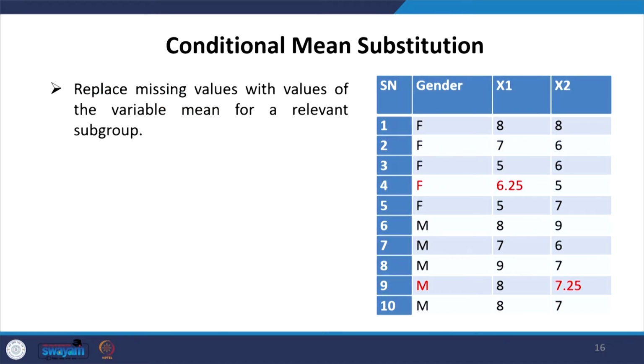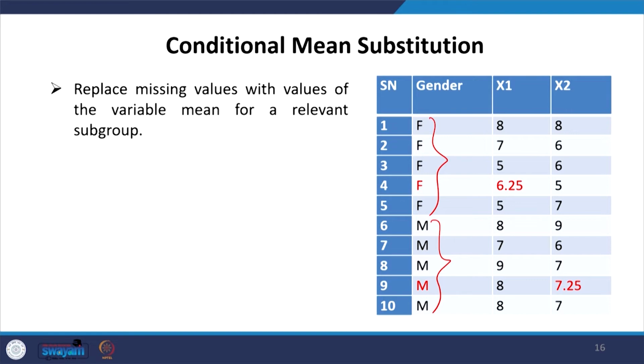The second approach is even a little better. For example, we have the category of gender, and here these are all male. But there are certain missing entries in variables x1 and x2.